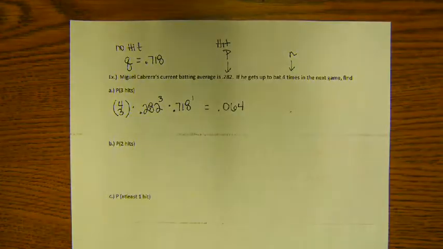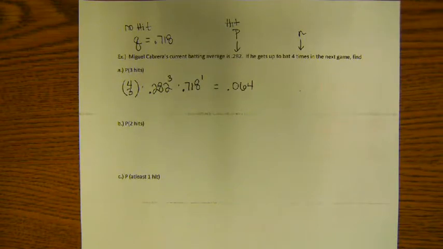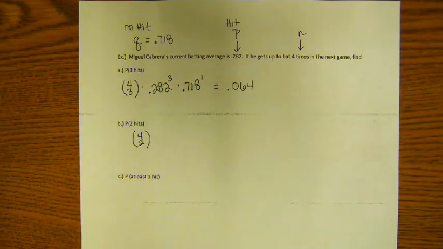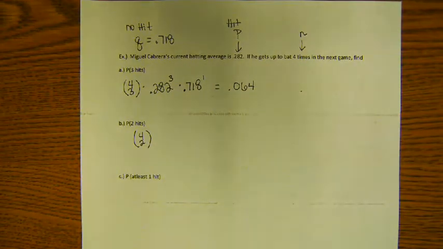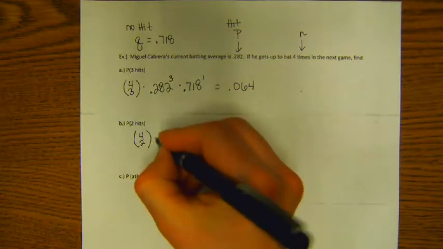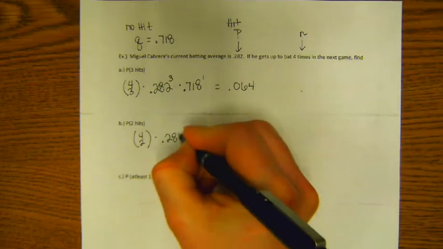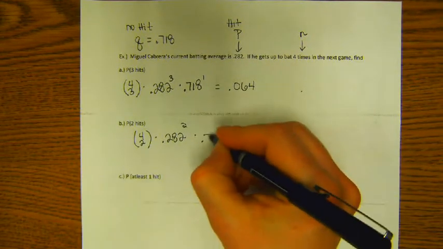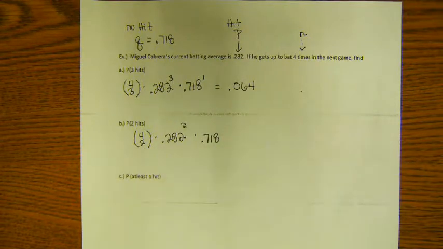Okay, now that I've done one, help me out with B. How would I do it? This is exactly 2 hits. What would I do first? 4C2. Good. There's 2 hits, 0.282 to the second. But that means that there's 2 times that he doesn't get a hit.